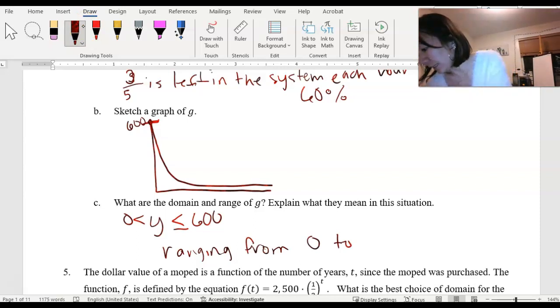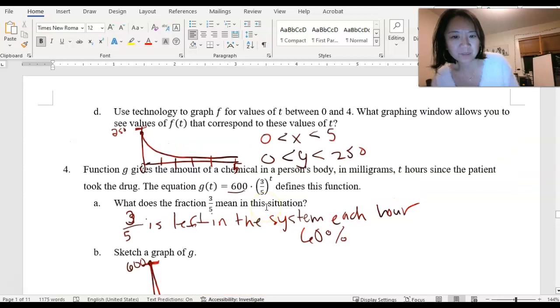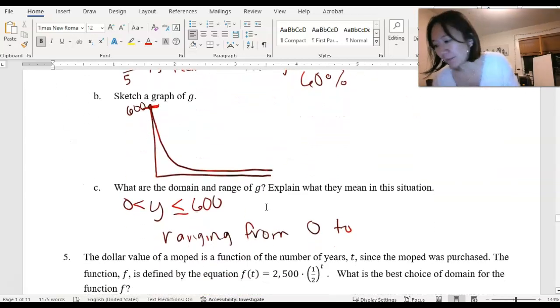Let me see where it is at 8 hours. So at 8 hours, scooting along. So when we get to 6 hours, we're looking at 17 milligrams, 7 hours, 8 hours. So at 8 hours, I believe it's milligrams. Let's see. Yes, we're at 8 milligrams.